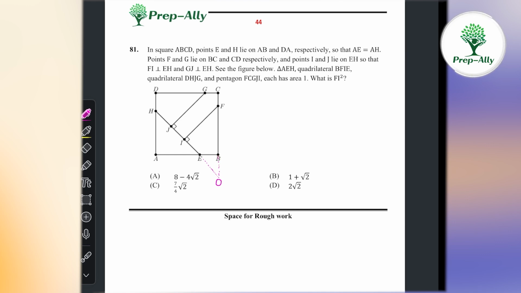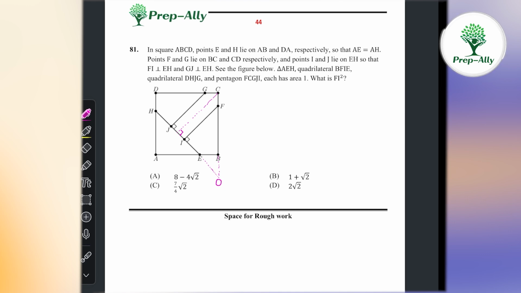So we're extending this, and let's drop a perpendicular from C to EH, right? So there we go. So let's see.